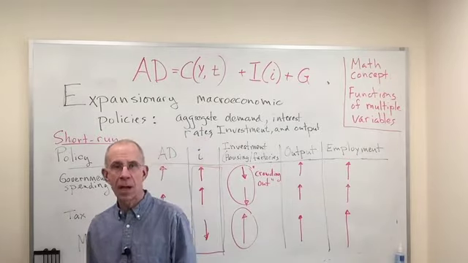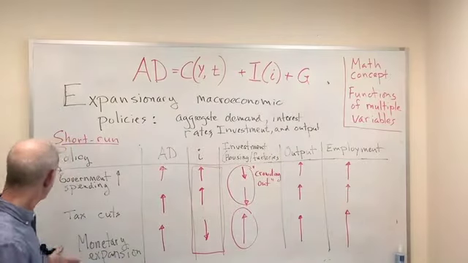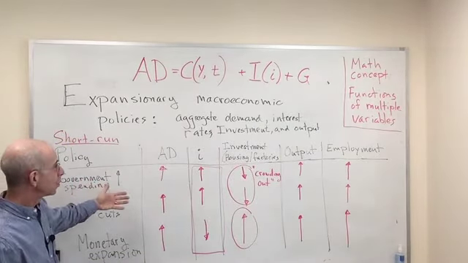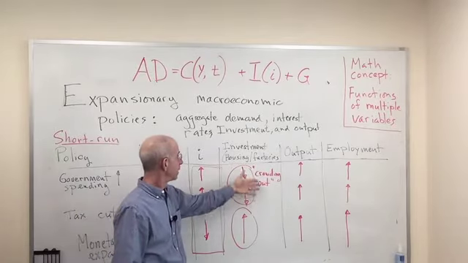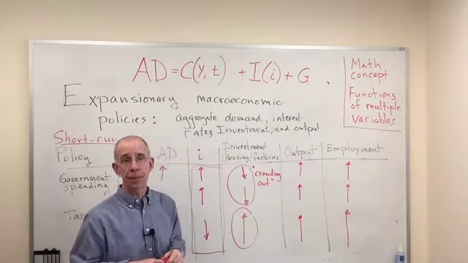Now you might say, well, why would a government choose the tax cuts or government spending when you have this downside of the crowding out as opposed to using monetary policy? Well, there are a couple of reasons.